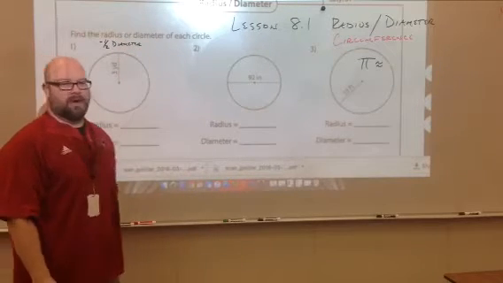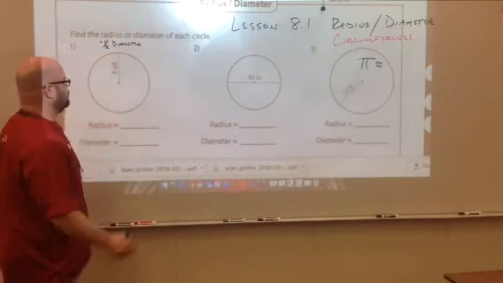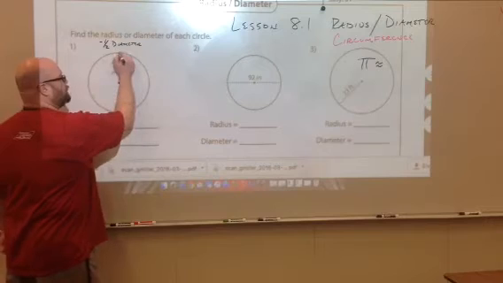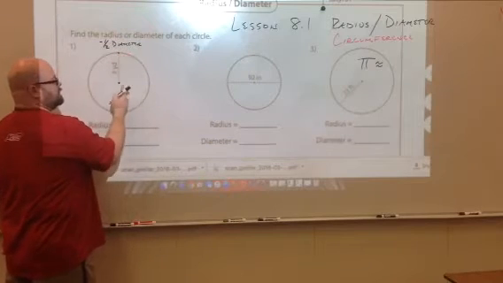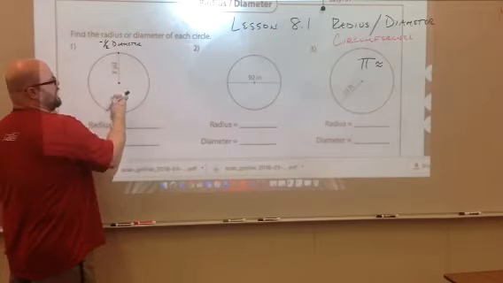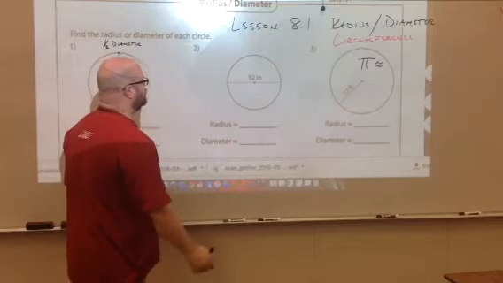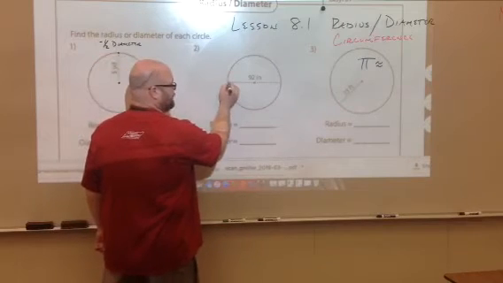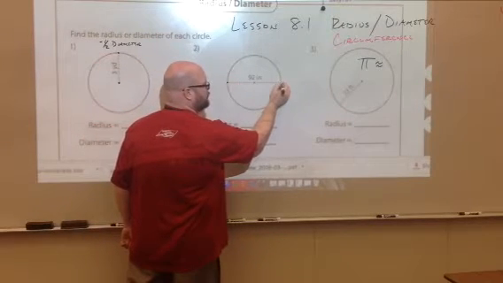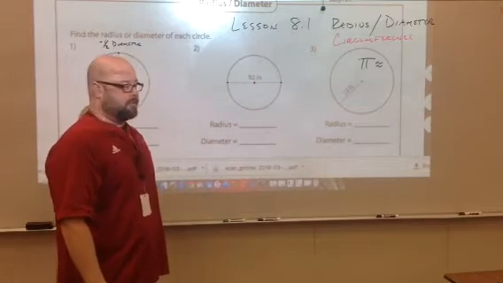Radius is a line segment that connects the center point of a circle to a point on the circle. In example 1, this is my radius. A diameter, such as in example 2, is a line segment that connects 2 points on the circle, but it goes through the center point.